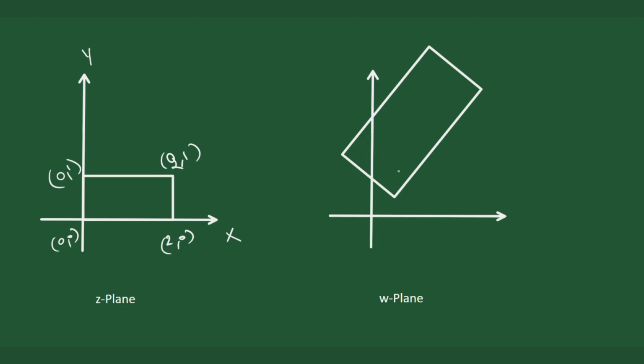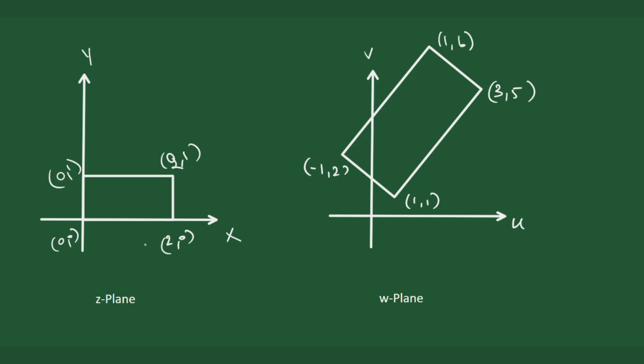Now this is the diagram represented in the w plane, where this represents the axis u and this represents the axis v, and this is the point 1, 1, and this is the point minus 1, 2, and this is 3, 5, and this is 1, 6. So now if we notice, this is a rectangular region represented in the z plane.